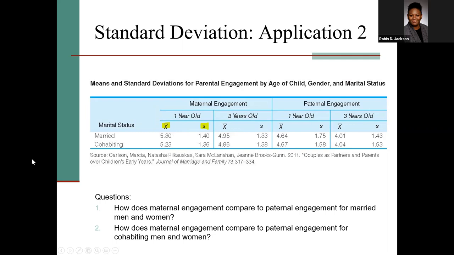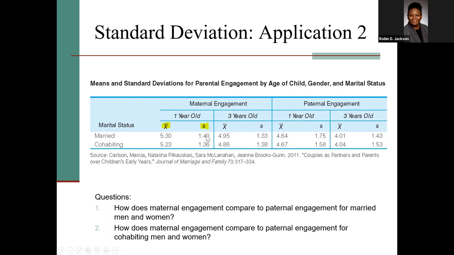Now, even though we could make the statement that maternal engagement is higher among married women, it's also important over here to look at the standard deviation, because this lets us know about the amount of variation there could be in the scores. So although the maternal engagement among married women is higher, so is the standard deviation score, okay?